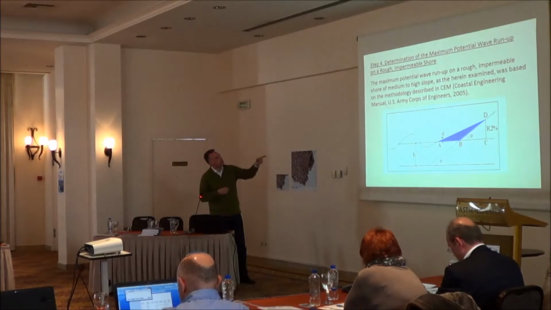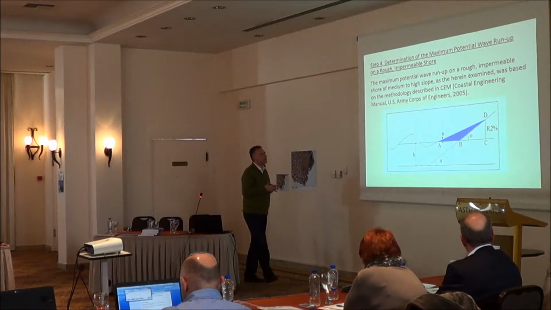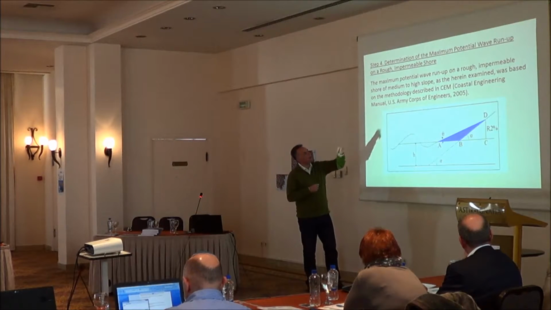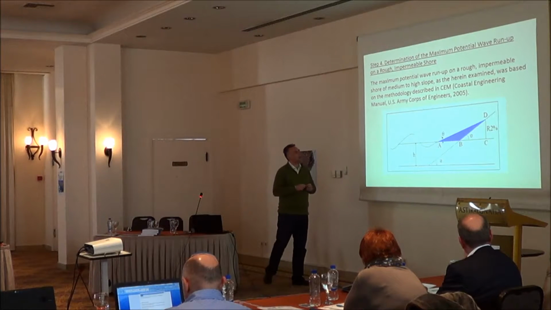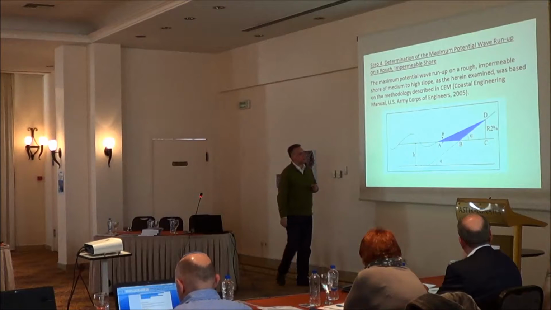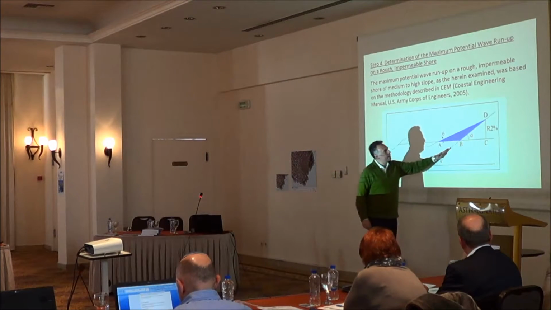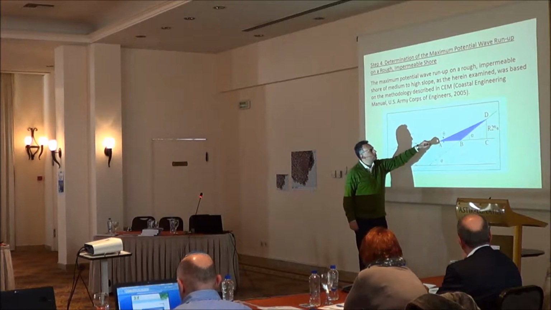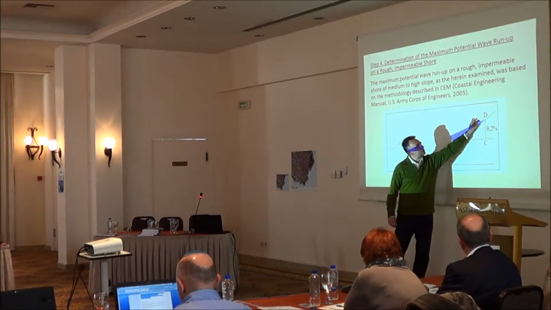The other step is how to determine the maximum potential wave run-up on a rough impermeable shore. So we followed the methodology which is given by the Coastal Engineering Manual, the US Army Corps of Engineers, 2005. This is the coastline, and you have the waves which are coming to the coastline, and then this is the wave run-up.